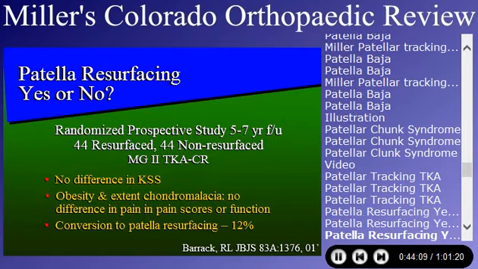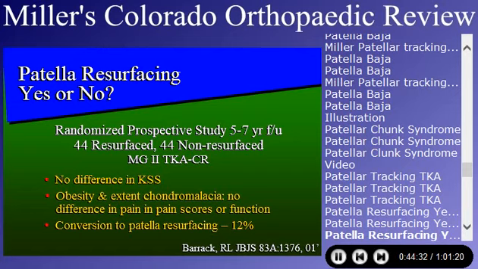It turned out to be obesity, and the extent of achondroplasia didn't correlate with pain scores. The non-resurfaced group did have a later resurfacing rate of 12%, so some people were converted. So if you're going for the boards, for non-resurfacing: low activity level, no dysplasia, no BAHA, non-inflammatory disease.